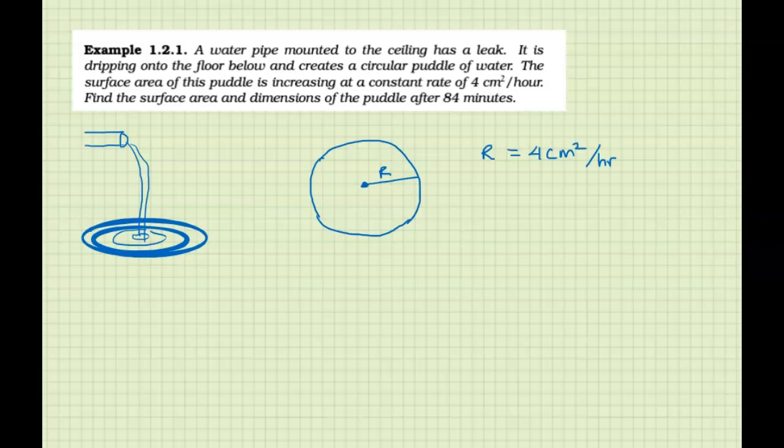All right, so let's see. If this is increasing at 4 centimeters squared per hour, we assume that it started with nothing. Okay, so this R is not the radius. This is the surface area rate.